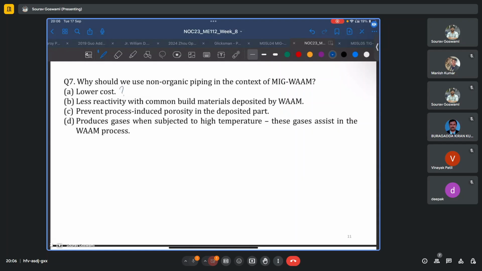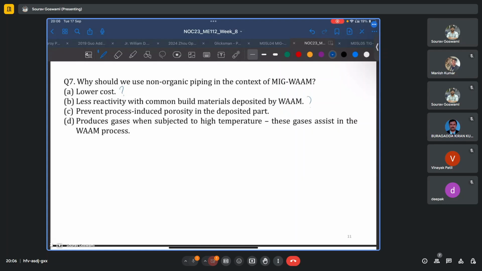So this is highly doubtful. Is it because of less reactivity with common build materials deposited by worm? Now again, it is difficult to comment whether any non-organic piping will be, say, lesser reactive or will have lower footprint on the overall deposition process than an organic piping.